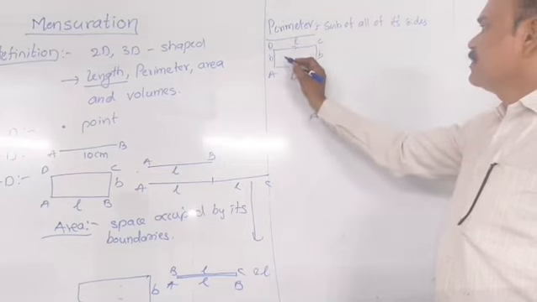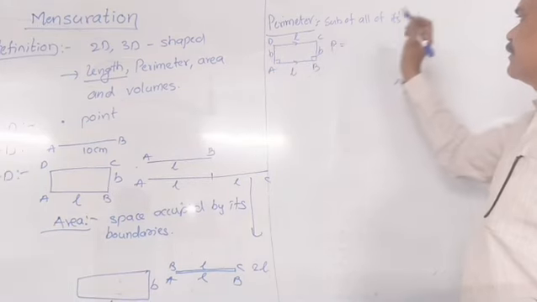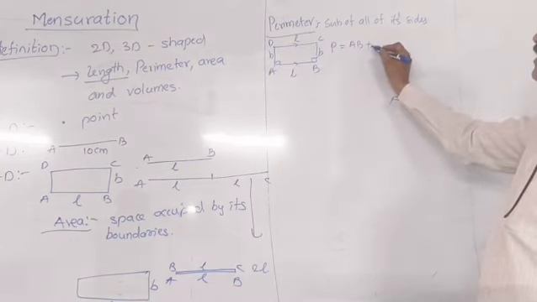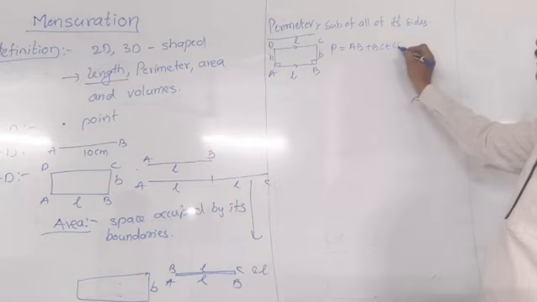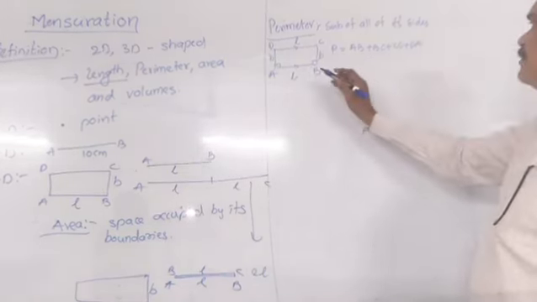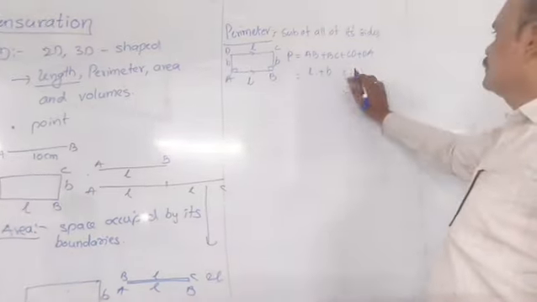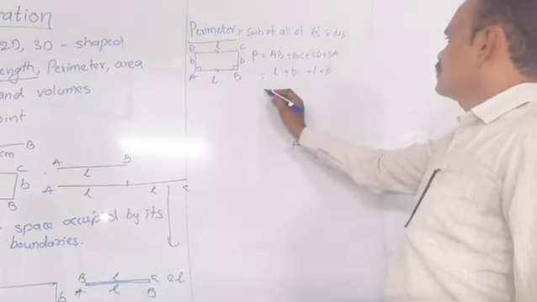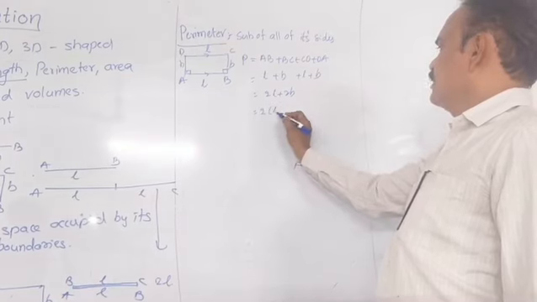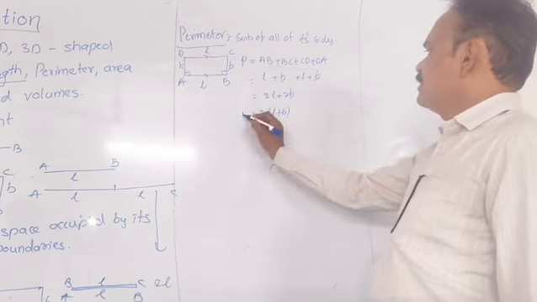So the perimeter will be the sum of all sides: AB, then BC, then CD, then DA. The length of AB and CD are both here, and BC and DA, the breadth. So now we have 2L plus 2B. That is equal to 2 into (L plus B), the perimeter of the rectangle.